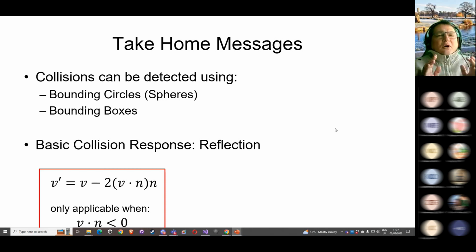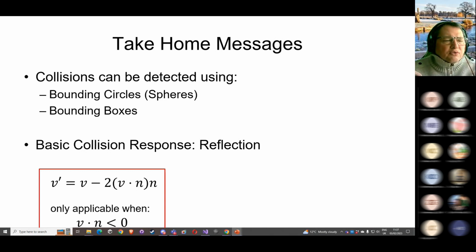This is nearly the end of this session. Take home messages. Collisions can be detected using bounding circles or spheres or bounding boxes, and you now know how. If you detect the collision, you should implement the collision response, and collision response is mostly based on the reflection, multiplied, of course, by the restitution coefficient.